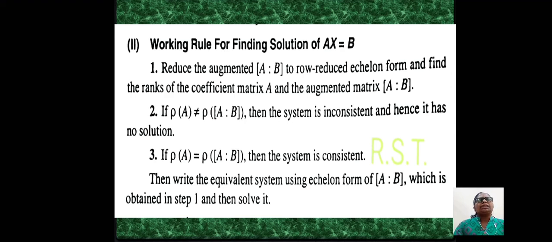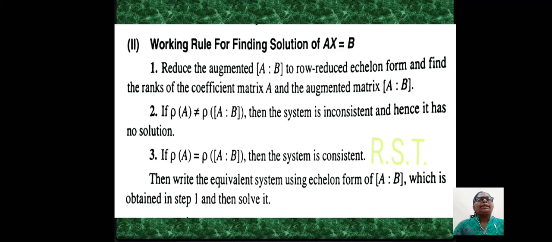Third condition is, if rank of A equal to rank of AB, then the system is consistent. That means if the rank of matrix A is equal to the rank of the augmented matrix, then the system is consistent, means the system has a solution.